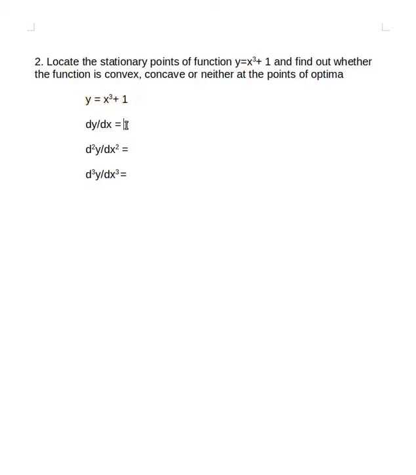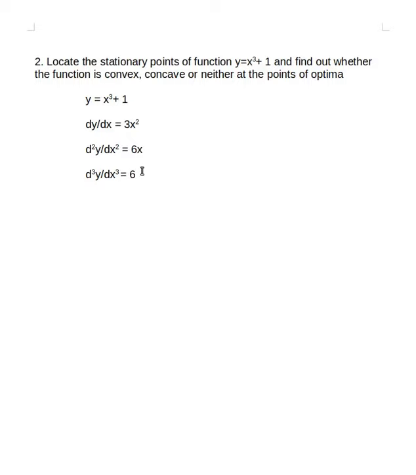So dy by dx, that is the first derivative, is 3x square, and the second derivative is 6x and the third derivative is 6. Why we did all those things, I will explain now.